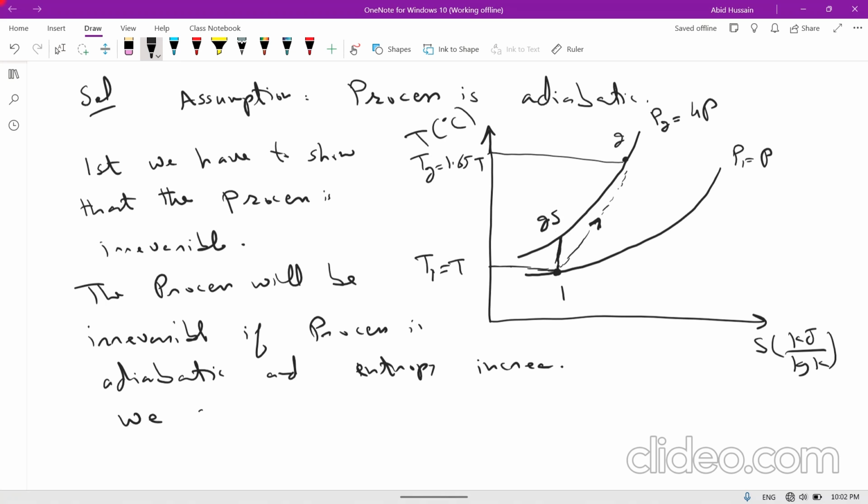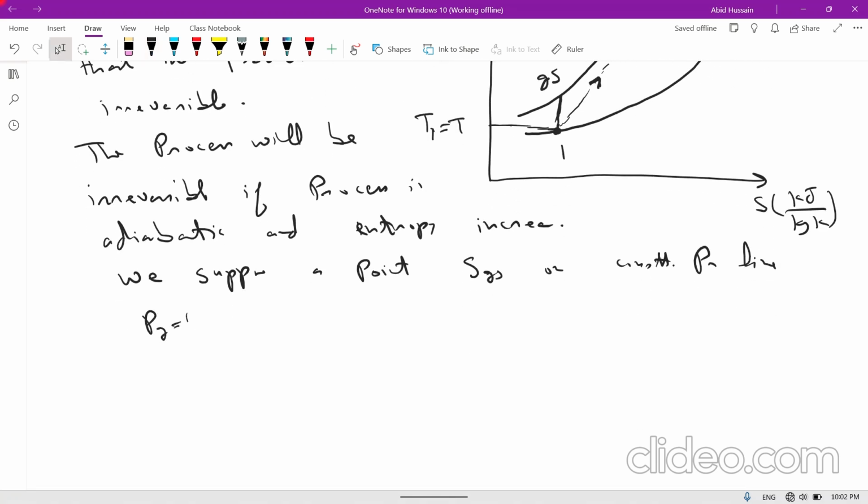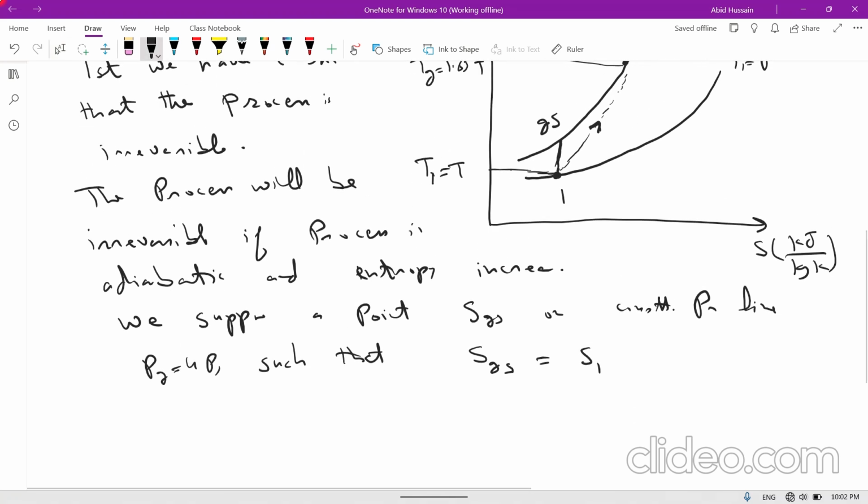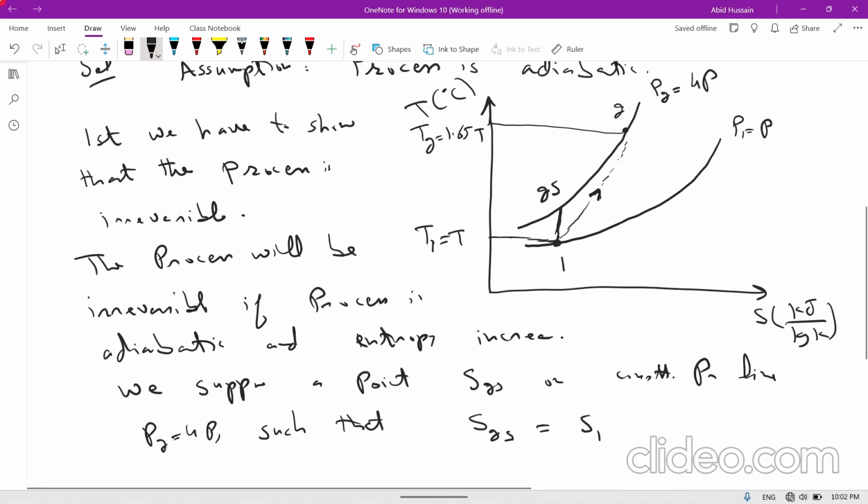We suppose a point S2s on the constant pressure line P2 equal to 4P, such that S2s is equal to S1, the same entropy as S1. So if the entropy at point 2 is more than at 2s, it means that the entropy at point 2 will be more than S1 and the process will be irreversible.